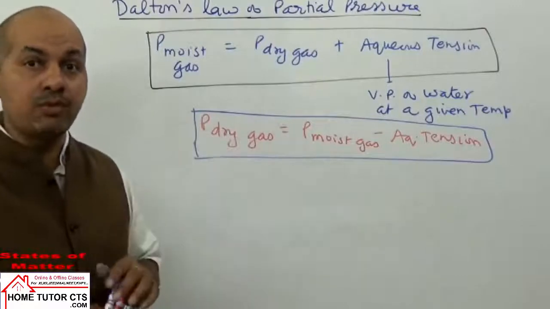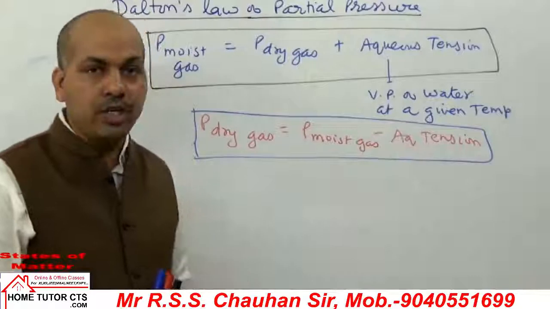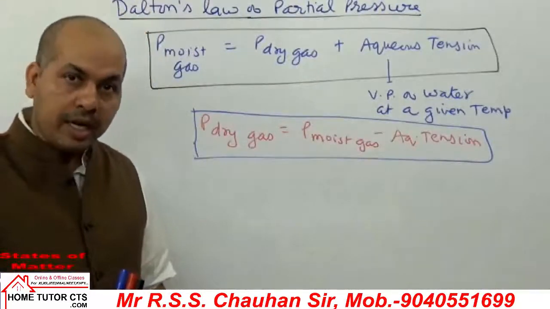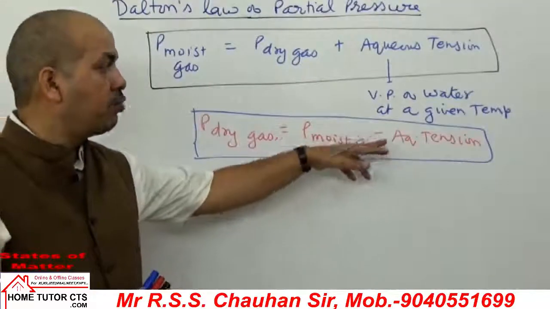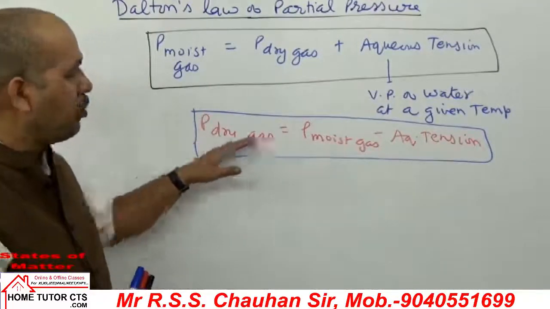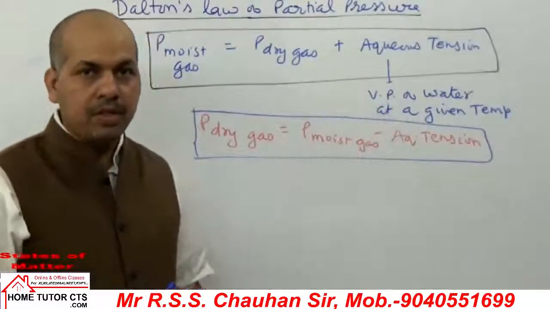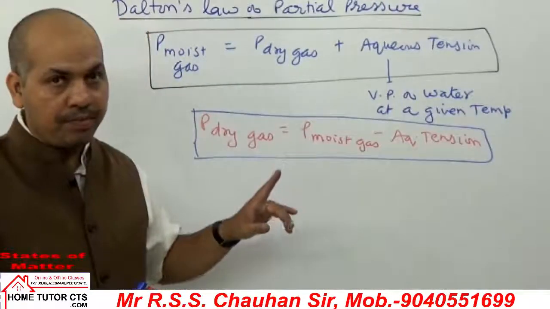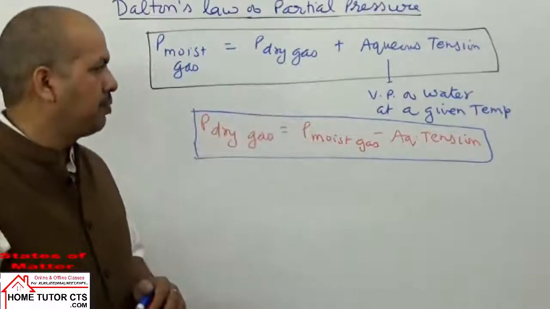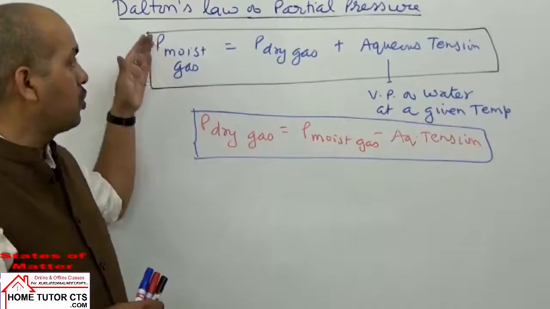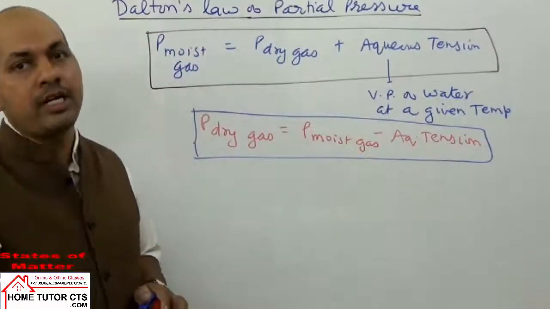So first in that kind of question find the pressure of dry gas, and then at same temperature the liquid will have same vapor pressure, or aqueous tension if it is water, and then you can do the question accordingly. Vapor pressure will remain same at same temperature, and rest properties can change on changing volume, etc. So this is Dalton's law. Different points we have discussed here. Now let us take some question practice on this Dalton's law.